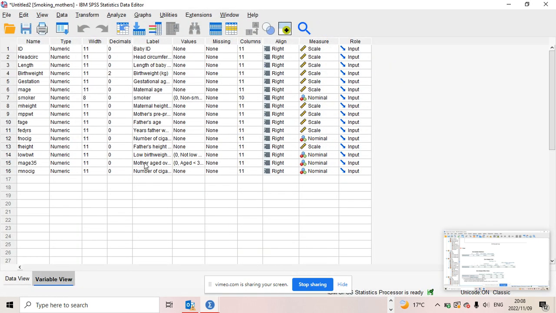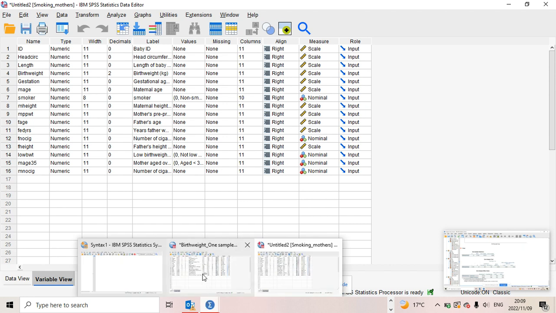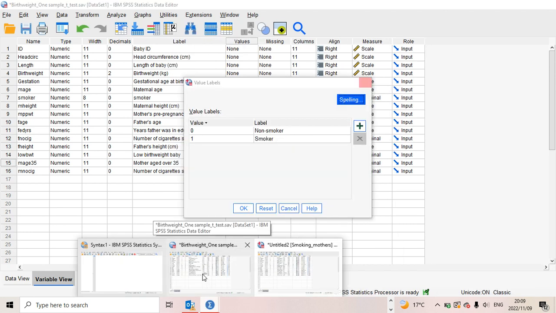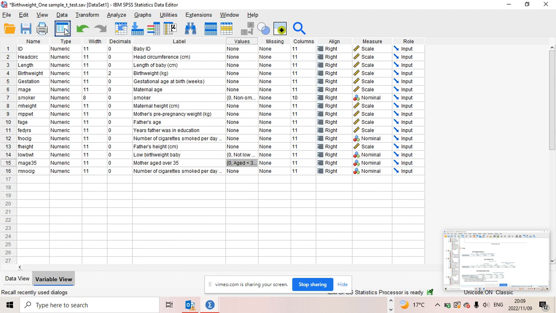As you could see here, a new data set has been created. Look at the title bar. You could see here this is smoking mothers, compared to the one that we had previously, the birth weight one sample t-test.sav.